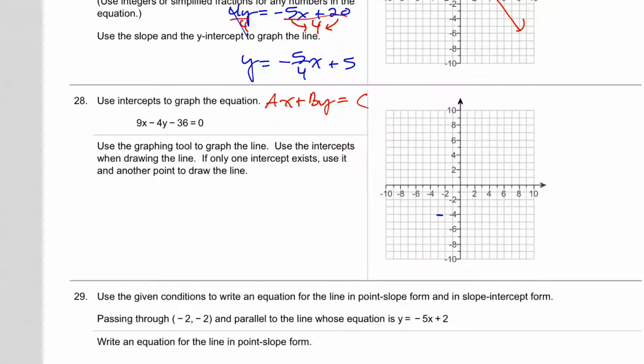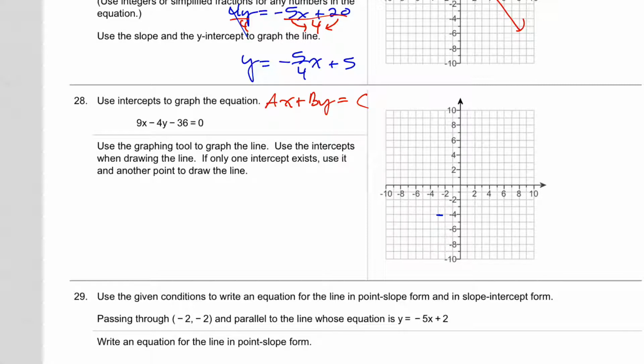This is great for that. You don't have to switch it over to y by itself. You don't have to do rise over run. Basically, we want to go ahead and find the x-intercept and the y-intercept.